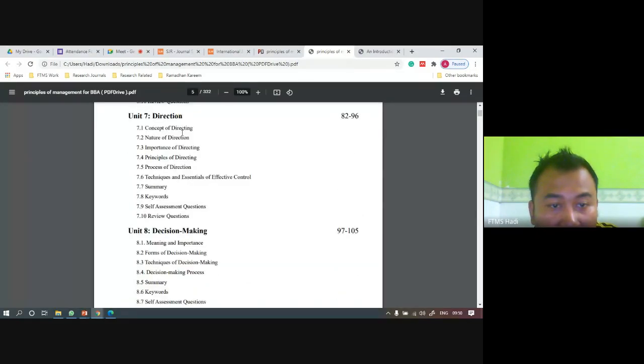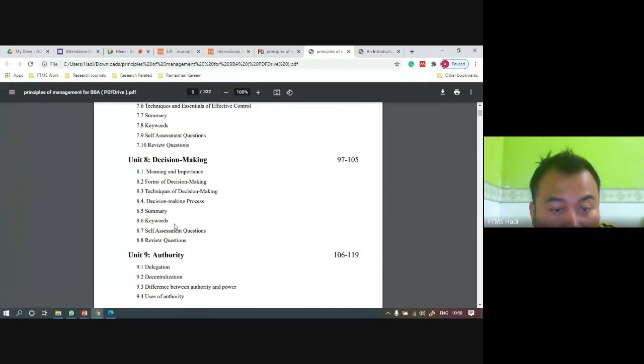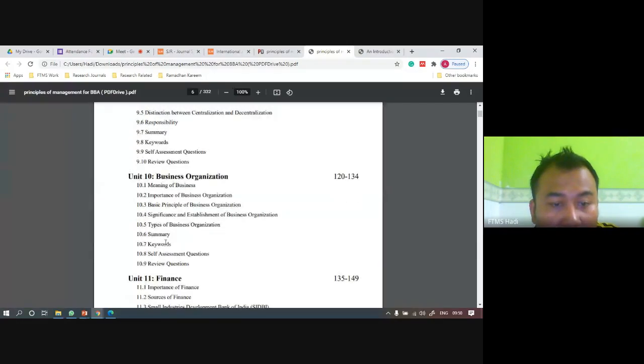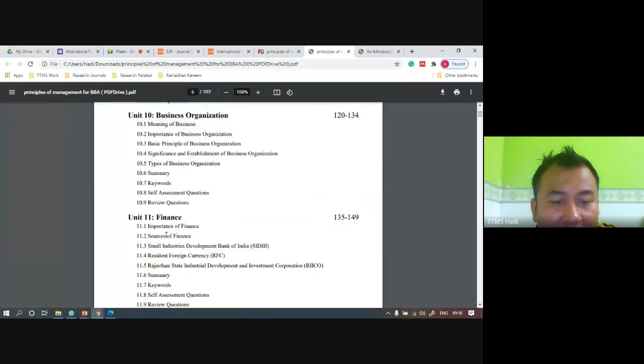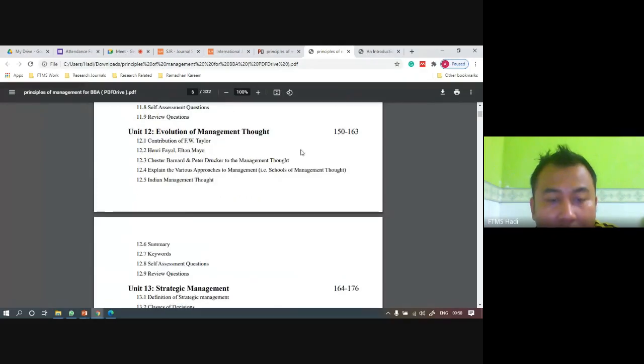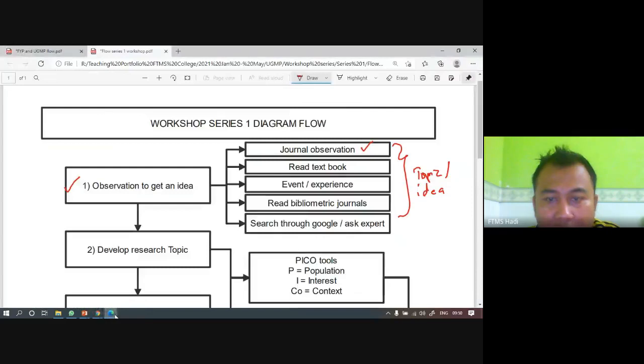And then you can go for the topic of direction, decision making also you can do that. And then delegation. So a lot of choices relate to the topic of management also. You can observe, and then you will decide later on what topic you want to have. Okay, that is the second one. So we're done with the textbook.